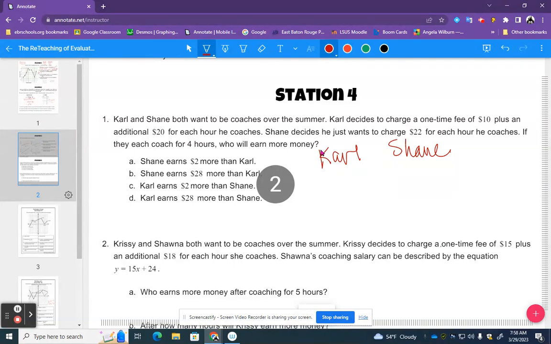So Carl, we'll call him K of X. He wants to do a one-time fee of 10 plus $20 for every hour. We don't know how many hours. Shane wants to just do 22 for every hour. So we're going to call him S of X because his name is Shane. So that's just going to be 22X because I don't have a one-time fee.